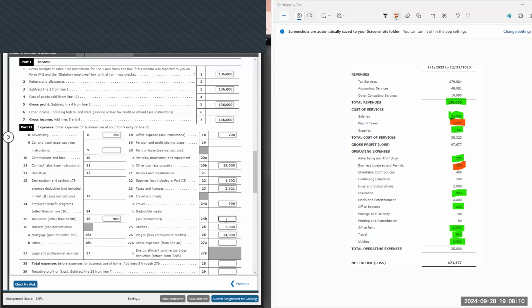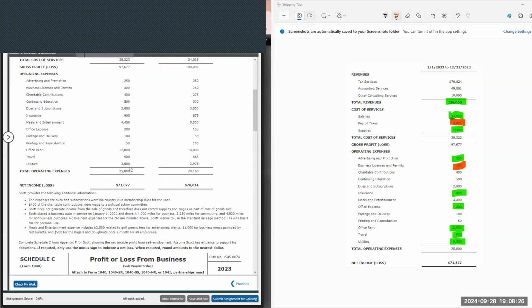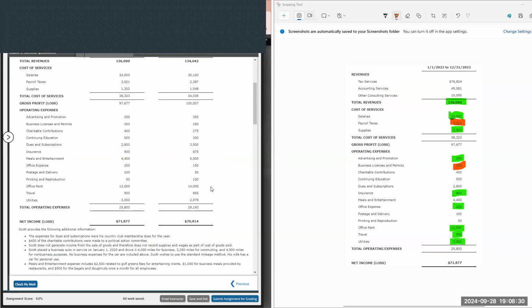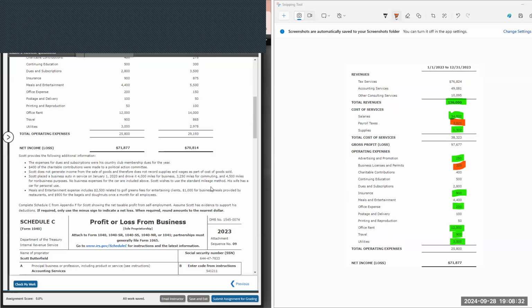Next, we look at the meals. One key thing to keep in mind is that with our meals, we are only allowed to deduct 50% for meals. Not all meals are considered deductible. And again, if we scroll up in the problem here, it shows us 4,400. Someone might be quick to just take the 4,400, but we need to know exactly what's happening in the problem, right?